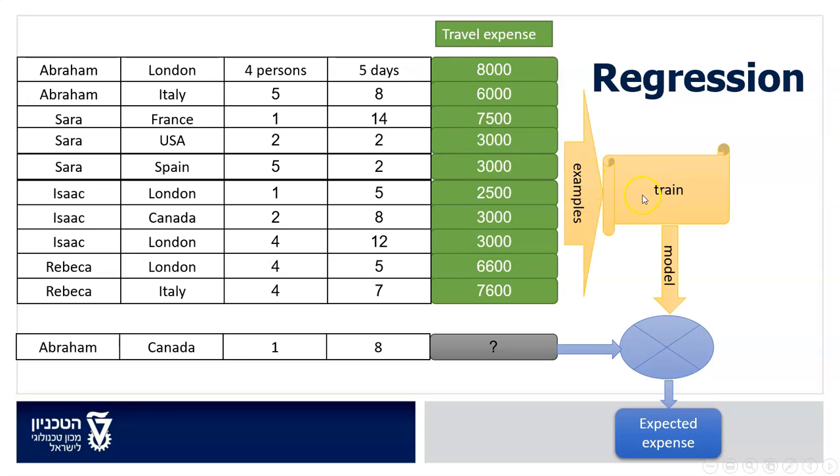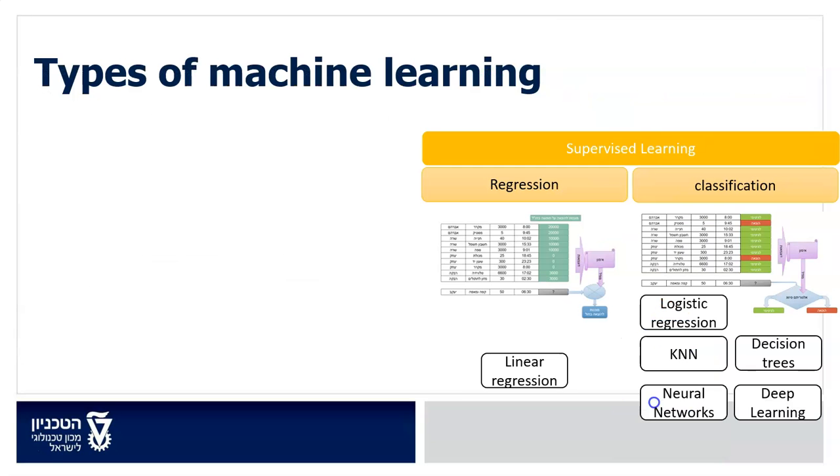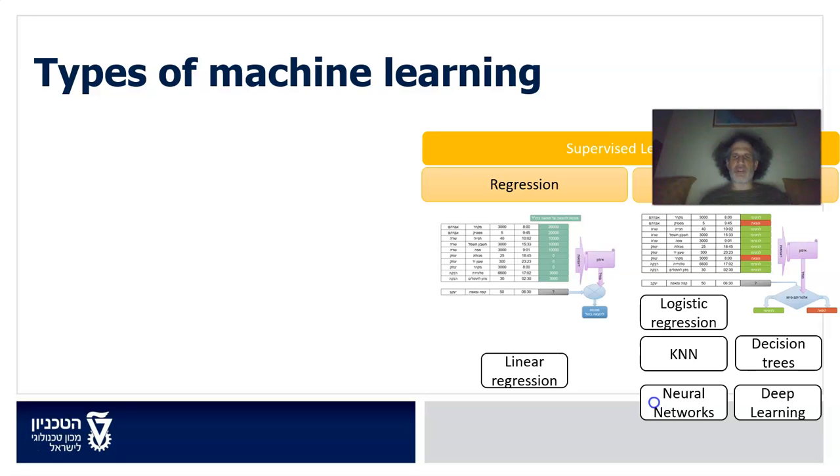Again, using those examples, we train a model, and using this model, we can predict the expected expense of Abraham abroad. So you can see here regression under supervised learning, and linear regression is the most famous type of regression.